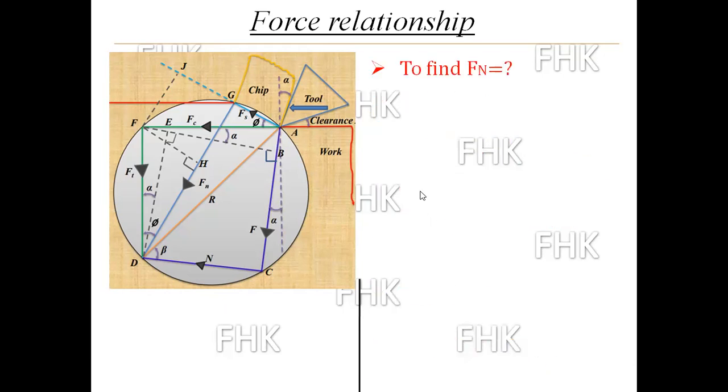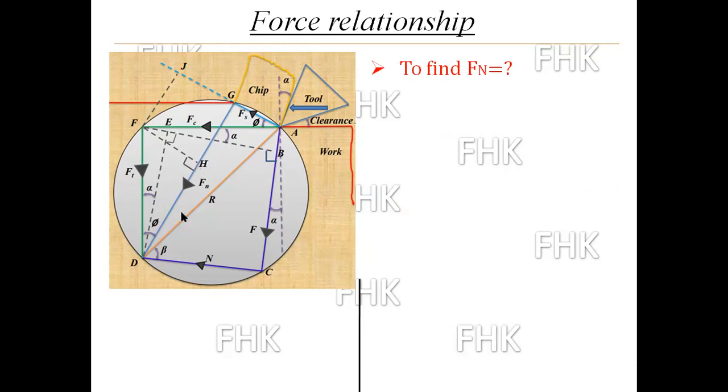Now come to the next point, to find FN. FN is equal to GD. FN and FS are perpendicular to each other, and the resultant of these is R. So to find FN, GD is equal to GH plus HD.